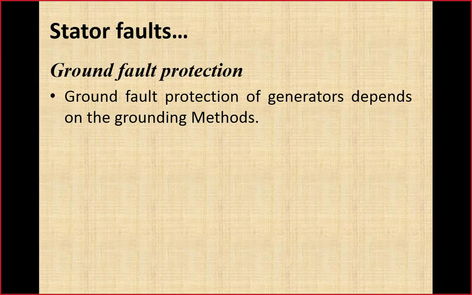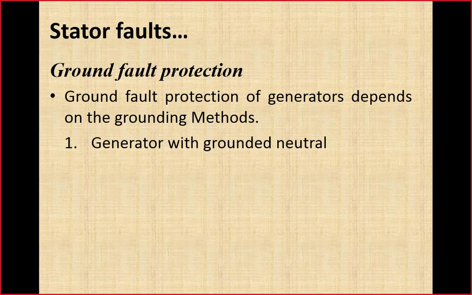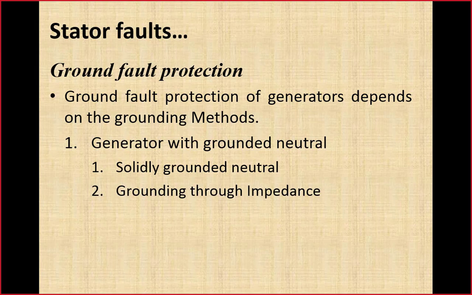Ground fault protection of generators depends on the grounding method, and here we can categorize grounding method into two categories. First is generator with grounded neutral. There is a connection between neutral and ground, and there could be further two categories of these grounding methods: solidly grounded neutral, or we have intentionally added an impedance between neutral and ground.